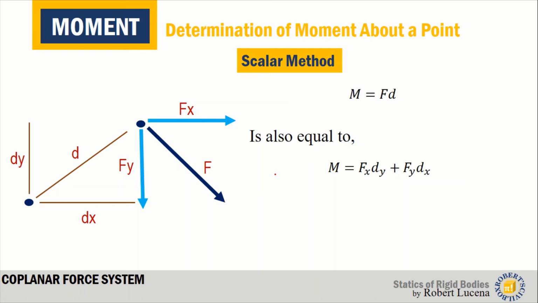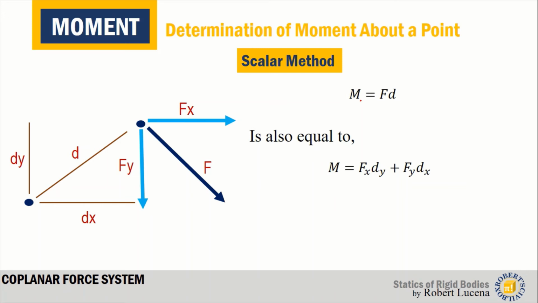For example, we have force F here. We want to get the moment of this force F about this point. But the problem is we do not know the perpendicular distance. So we can resolve this one into Fx and Fy. Now, Fx has a perpendicular distance to this point, which is equal to dy, and Fy has a perpendicular distance about this point, dx.